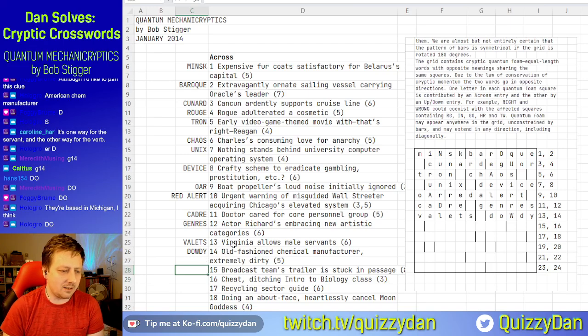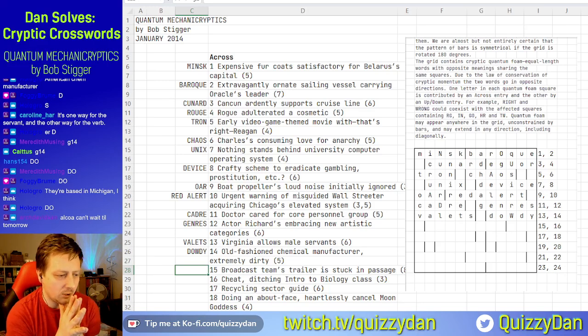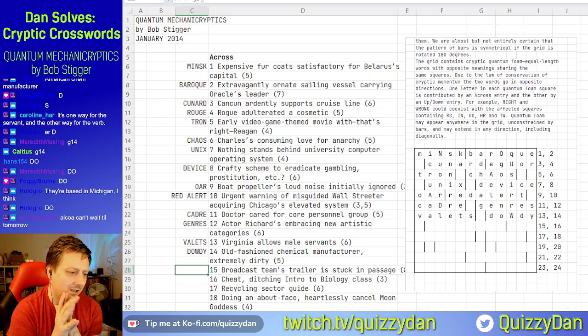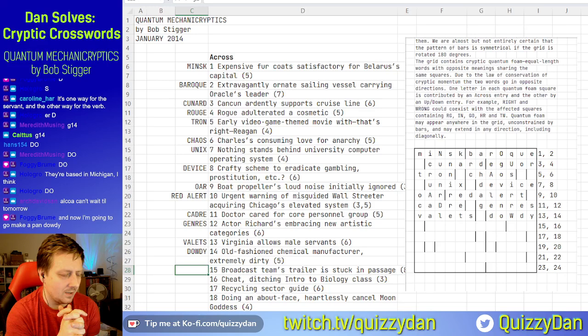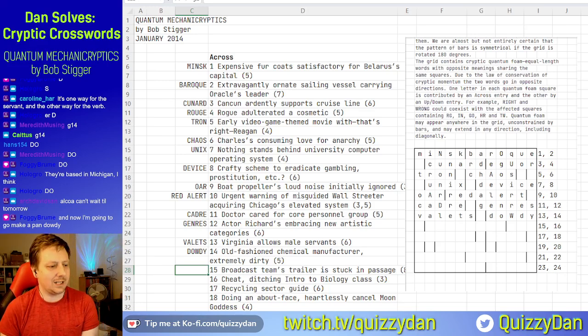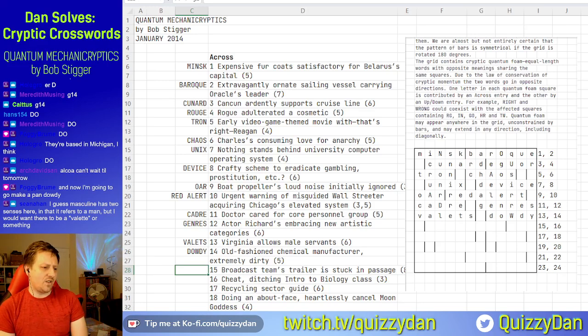Broadcast team's trailer is stuck in passage. They're not going to get to the match on time. Okay, broadcast is air. Team is side, so we've got air side. Trailer. Trailer is stuck in passage. Aisle. Oh, hang on, a team trailer might be an RV.